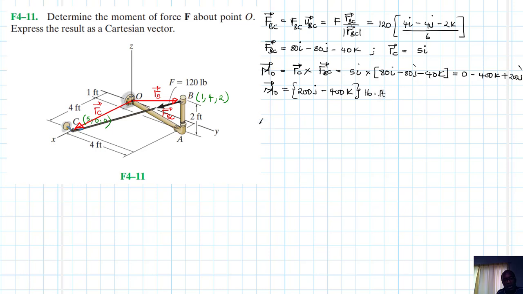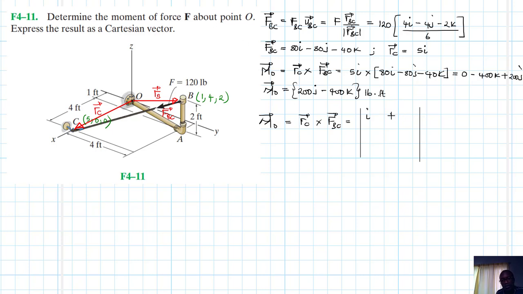If you don't want this, then you can use the table. Remember the table? RC cross FBC is equal to, you draw the determinant kind of table. On top we put i, j, k.